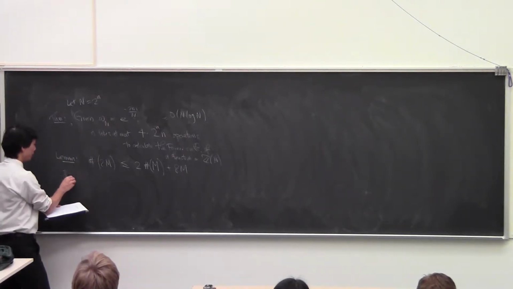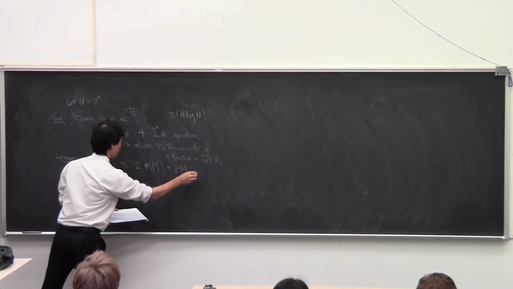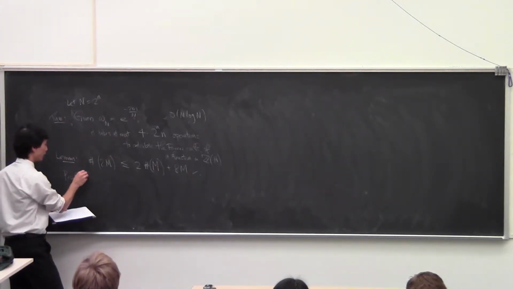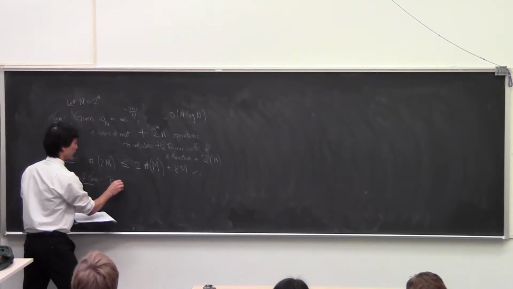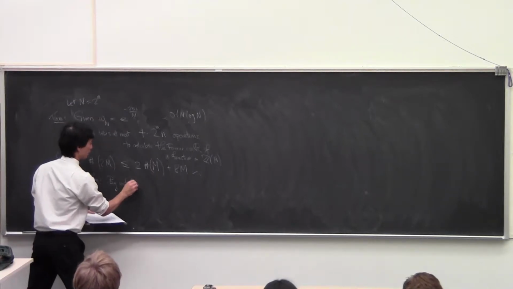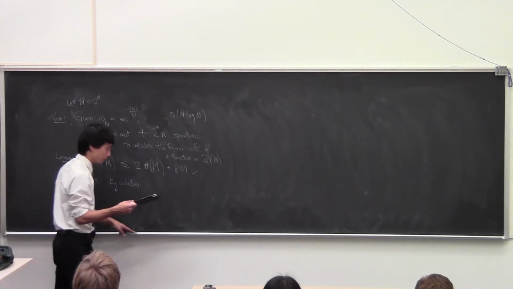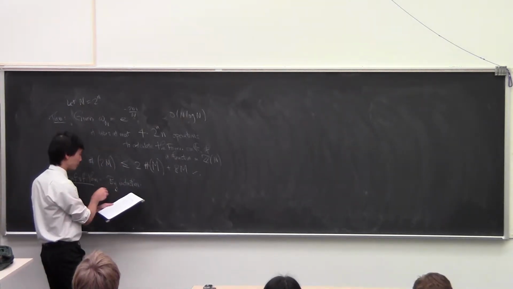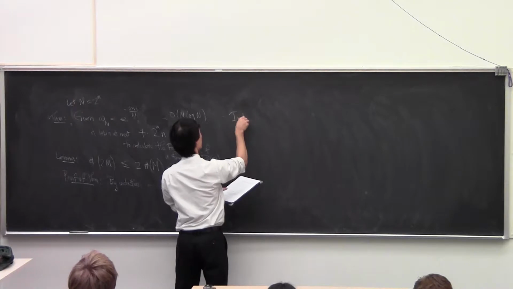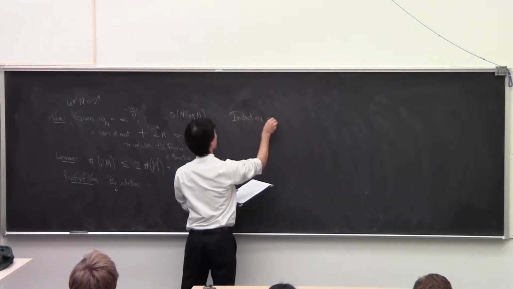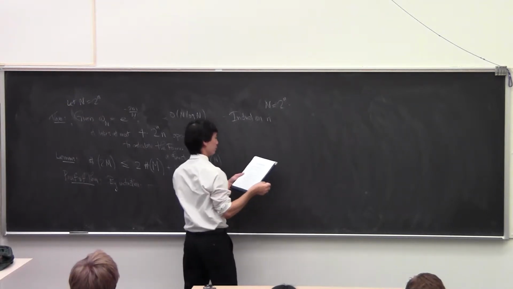And so we finished that, and the proof of the theorem is then by induction. It's pretty straightforward. I don't even know if I want to do it, but I'll do it. So we induct on n, where capital N is 2 to the n, as we said before.